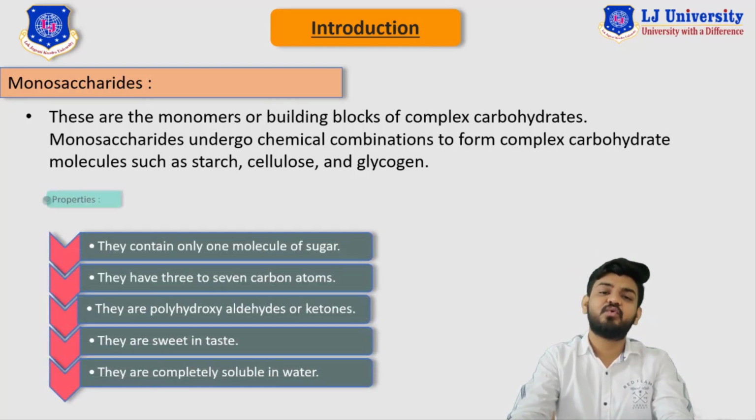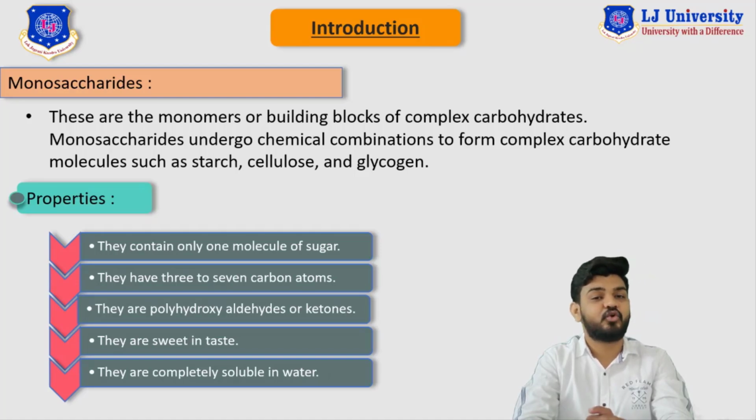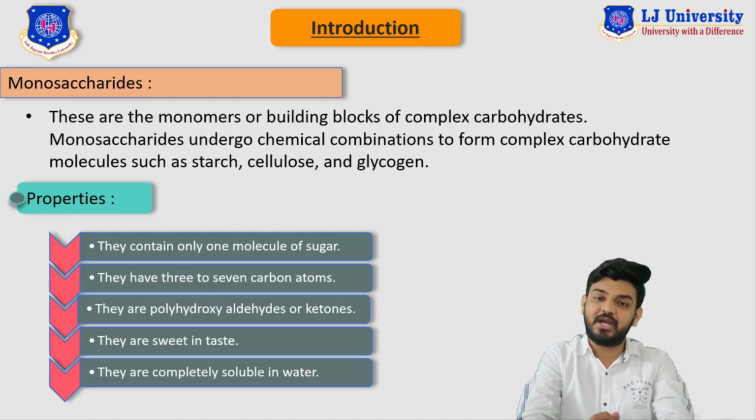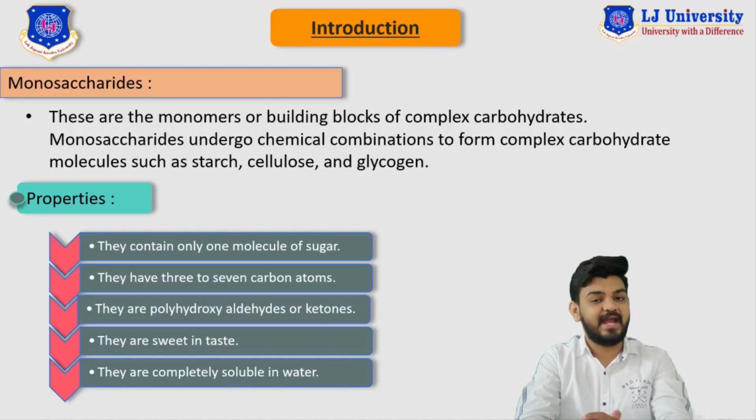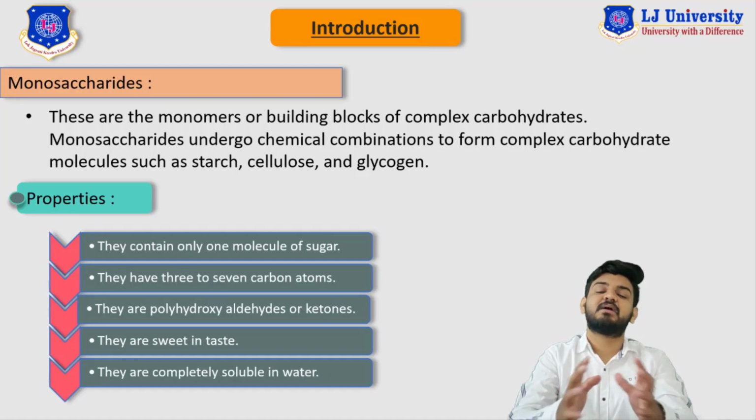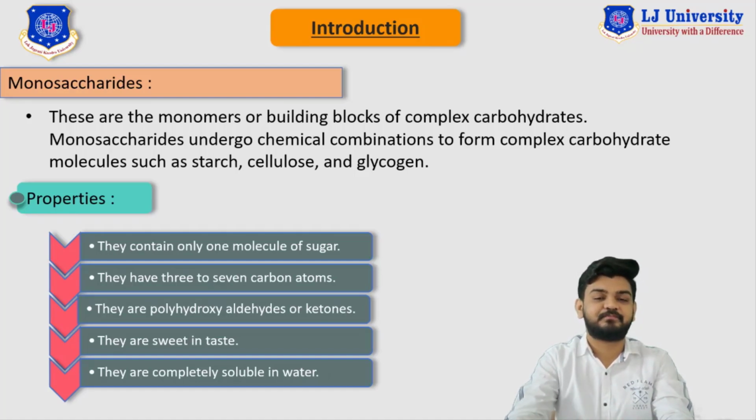Let me give you some properties of monosaccharides. They contain only one molecule of sugar and have 3 to 7 carbon atoms as their base chain. They are generally sweet in taste and completely soluble in water. So I guess you are clear with monosaccharides as monomers. They are basically nothing but sugar-like compounds.